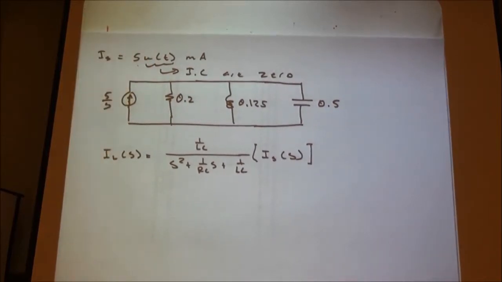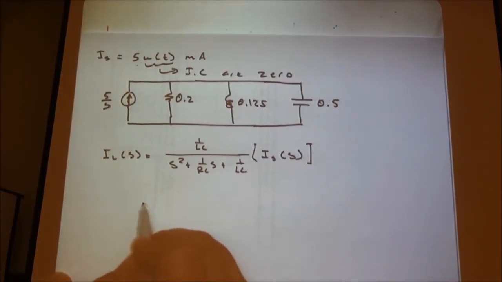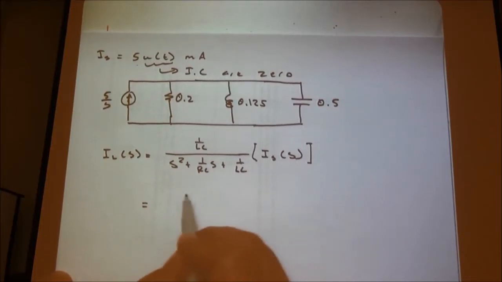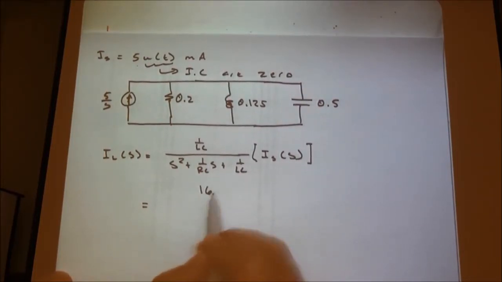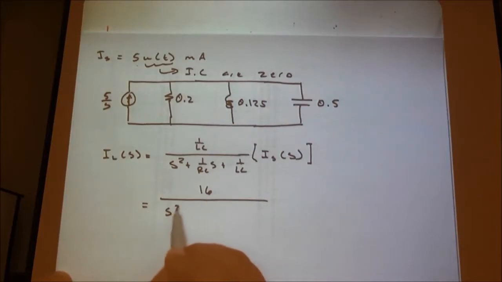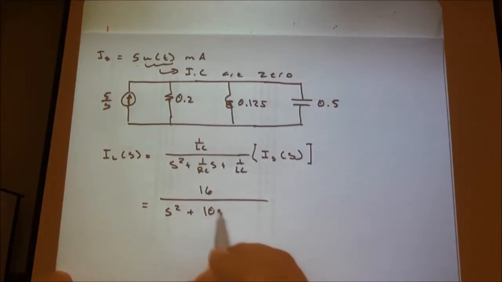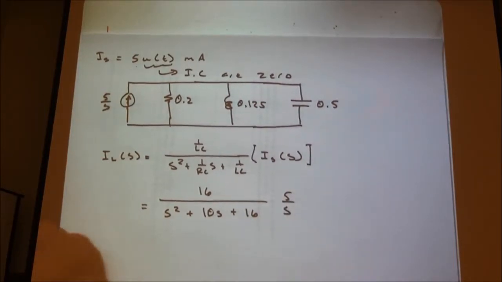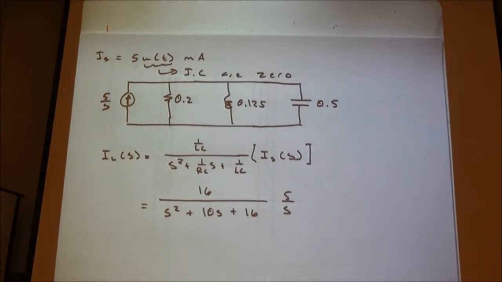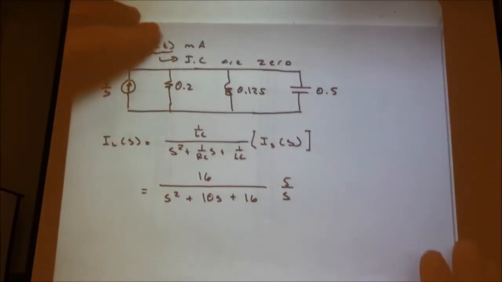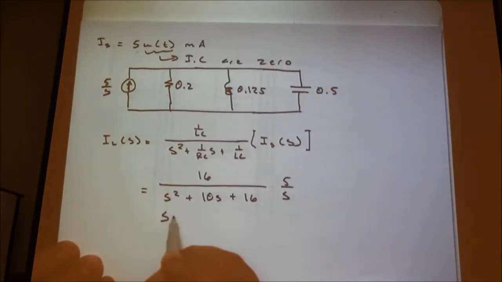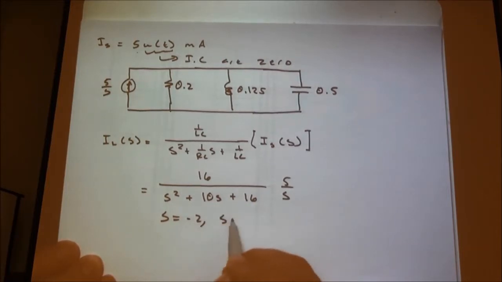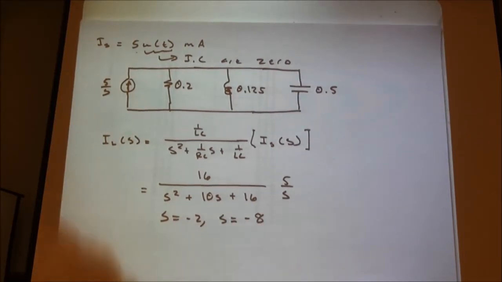If I can remember what the math was, we wind up with 16 over s squared plus 10s plus 16, times 5 over s. And by random chance, I picked values that gave us real roots. So we can find s equals minus 2 and s equals minus 8.